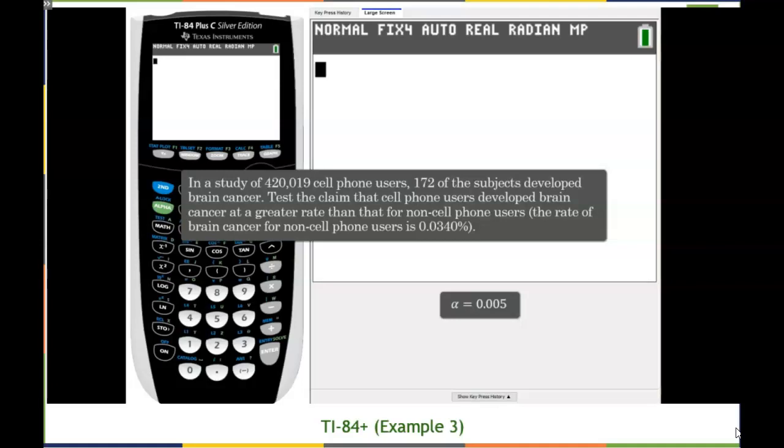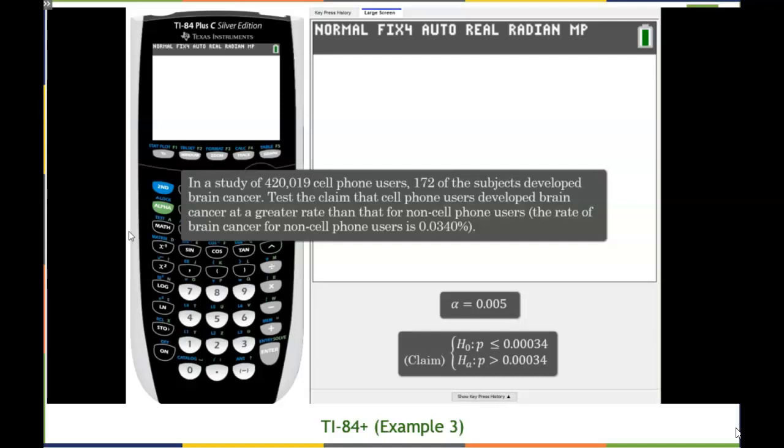Test the claim that the cell phone users develop brain cancer at a greater rate than that of non-cell phone users. So we're going to test the proportion against the rate of the brain cancer for non-cell phone users, 0.0340%. Because it's greater than, our claim is an HA.